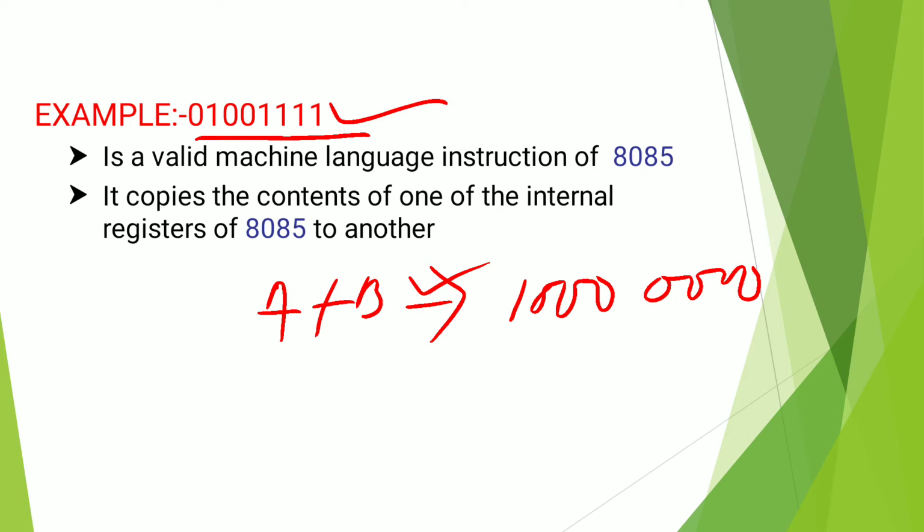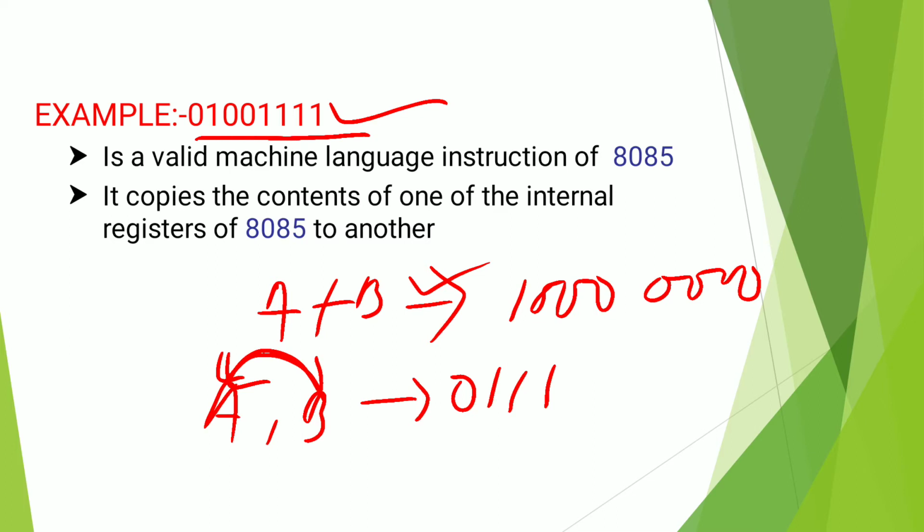To move the content of register B to A, that is B to A, the binary code is 01111000. So it is very difficult for the programmer to write a program in machine codes.